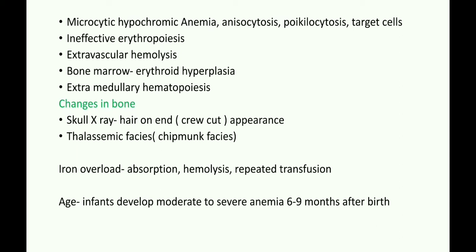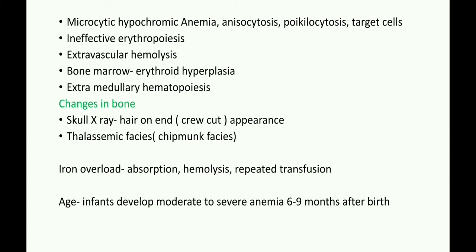So as a result of all these, there is destruction of RBC. So definitely there will be a compensatory response. There will be increase in the bone marrow activity. So that's erythroid hyperplasia you can see here. Also there will be extramedullary hematopoiesis. So as a result, you can get some changes in the bone.